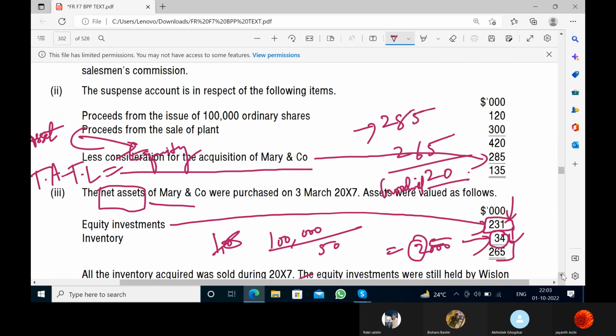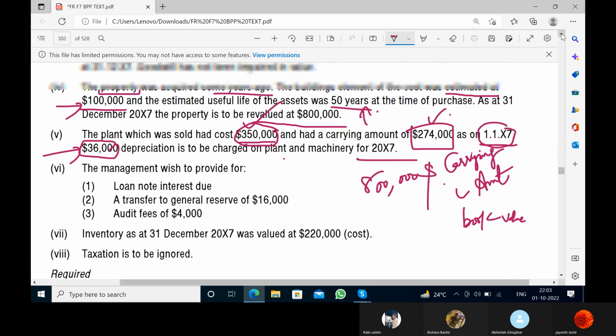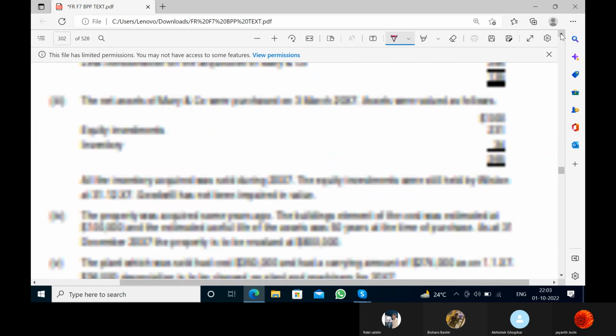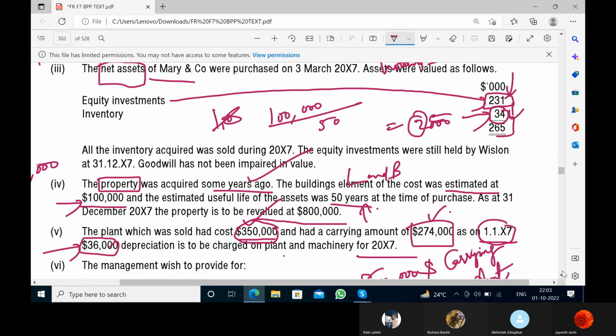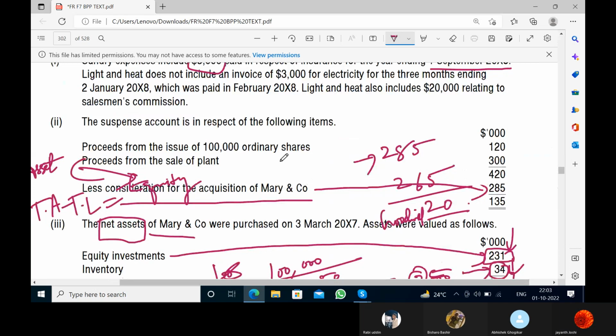See, there is something here. Proceeds from issue of 100,000 ordinary shares. So the company has sold 100,000 shares and they got 120 for that.